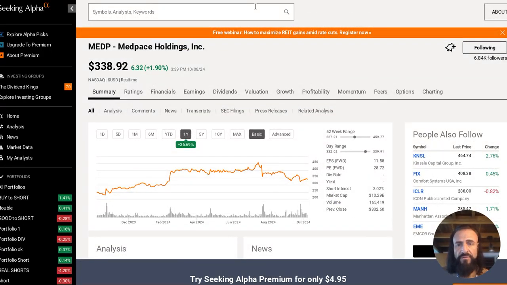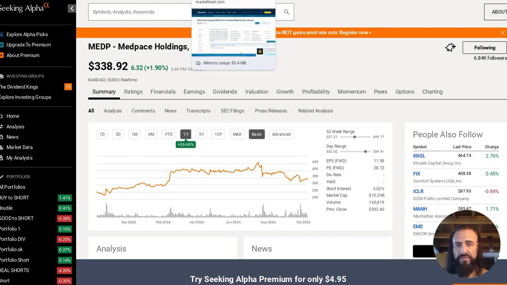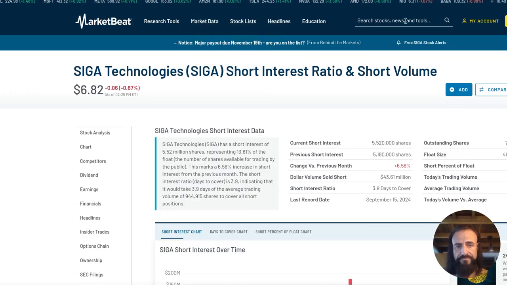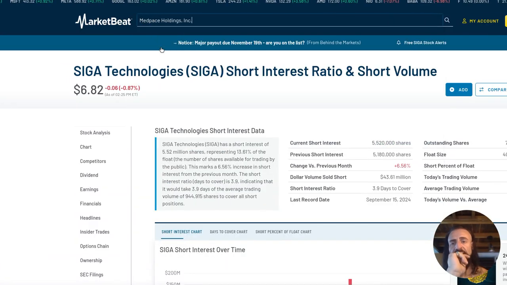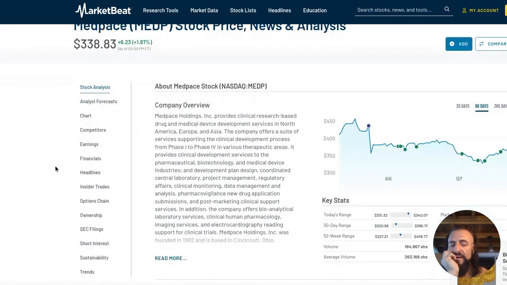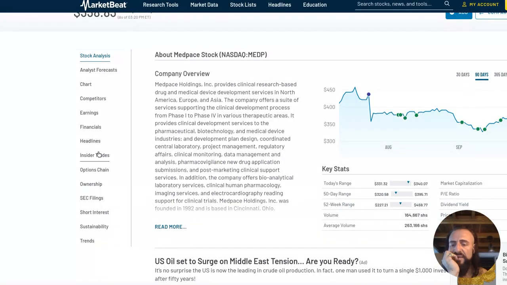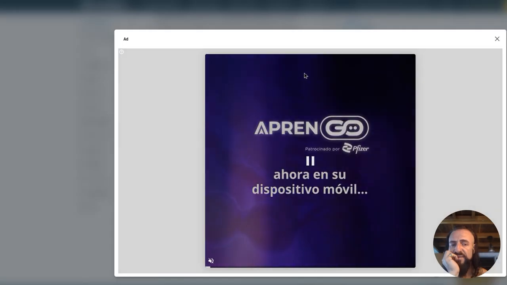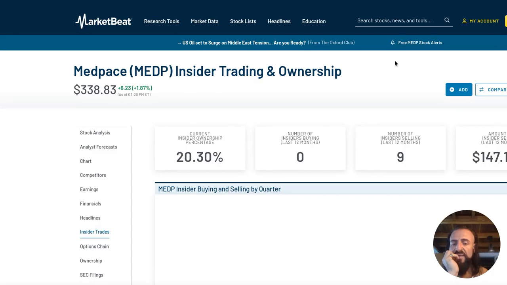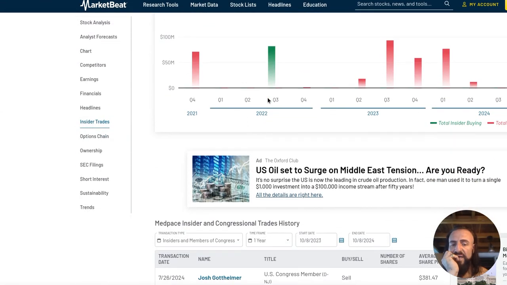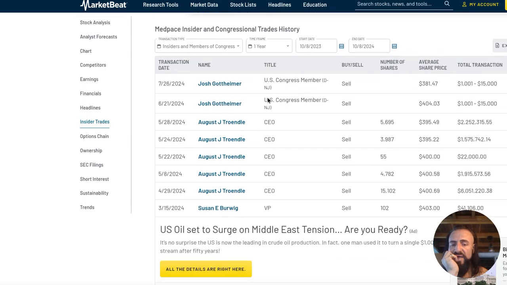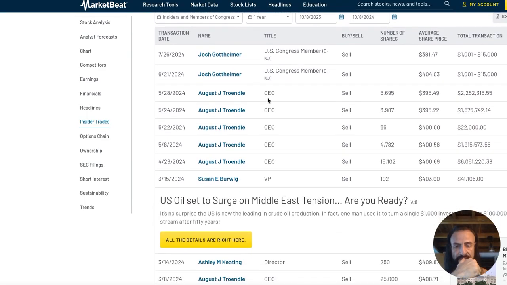Other thing that I do usually is going to MarketBeat. I like it in here because you can see the insider trades. Now here they've been selling.